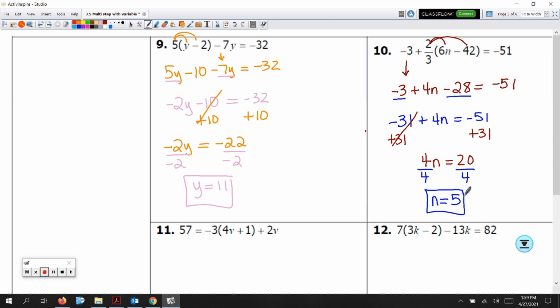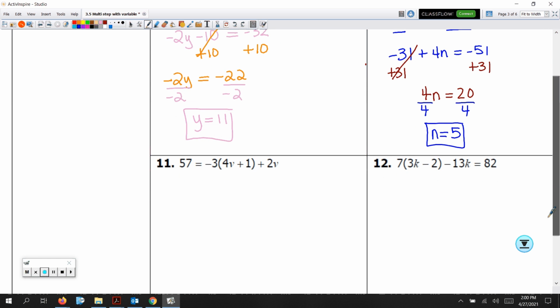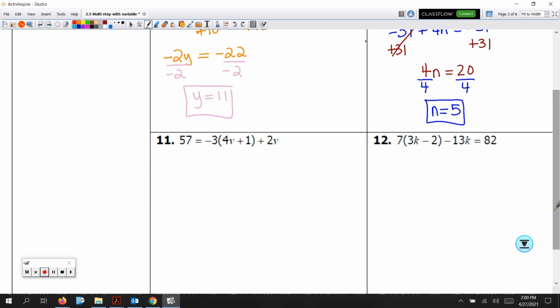All right, what I'm going to do is 2 more, and then the last 4 I would like you to practice. It will be good for you, I promise. And again, if I'm going too fast, pause the video, rewind, go back, watch it again. It's fine. All right, when you see parentheses, we need to distribute. Then we bring everything down. If I have like terms, I need to combine them. Negative 12v and 2v are like terms.